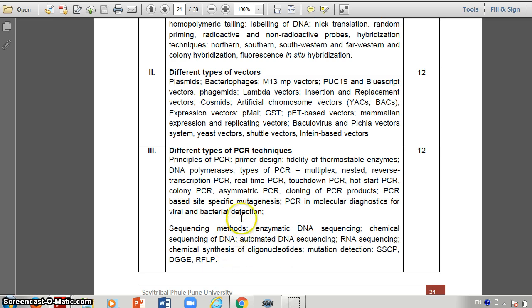Then after that we are going to see sequencing methods. Now you know the PCR technique is very important, as it is used for coronavirus infection. The type of PCR used is RT-PCR. I think you are familiar with that.